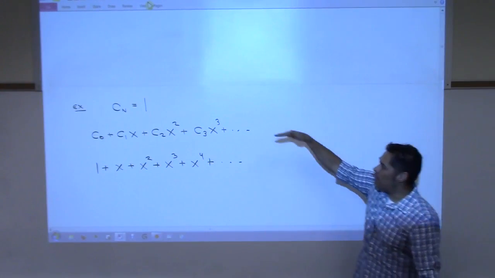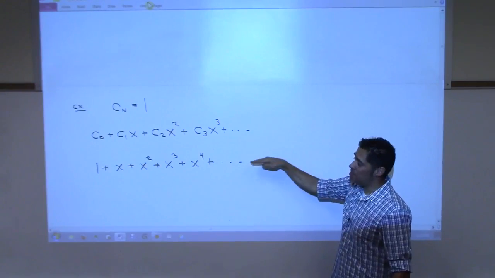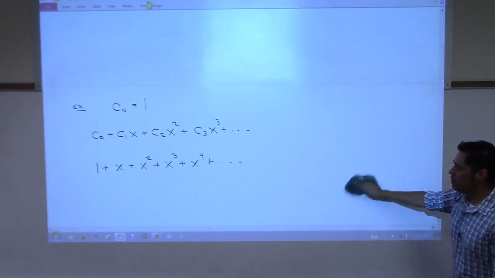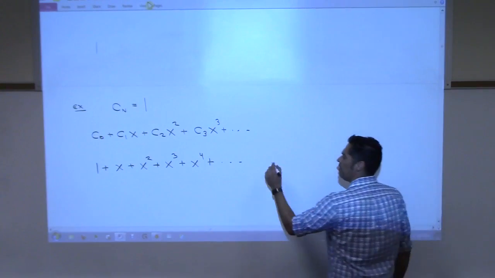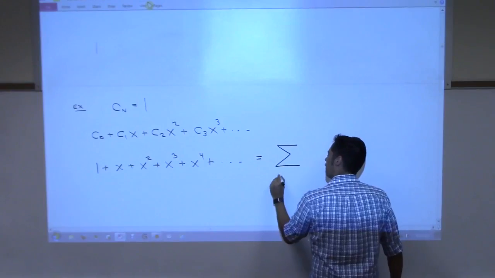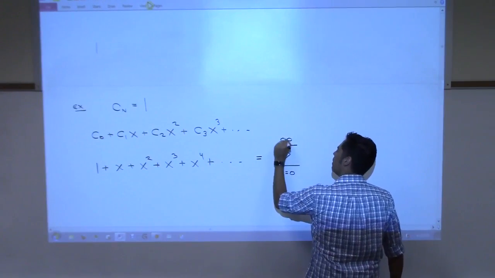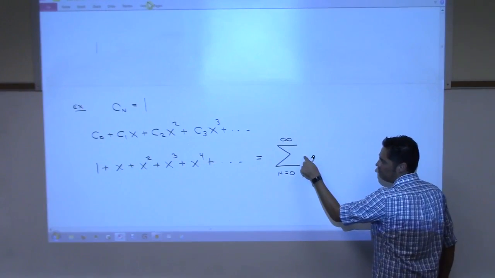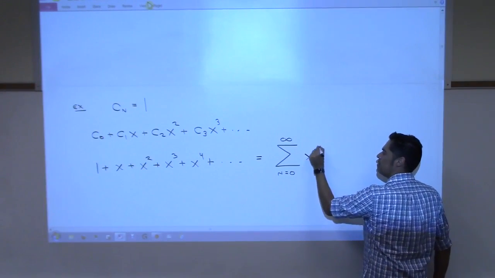So this is a generic power series. Here's the power series for this specific example. Got it? Now, written out in sigma notation would be C sub n times x to the n, right? But what's C sub n? 1, so it's just x to the n, isn't it?